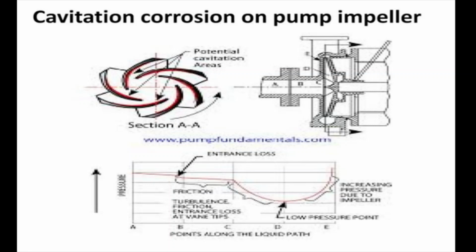In reaction turbines, specifically the Francis turbine and Kaplan turbine, within the draft tube, where low pressure and high pressure regions develop, this type of cavitation corrosion is very common.